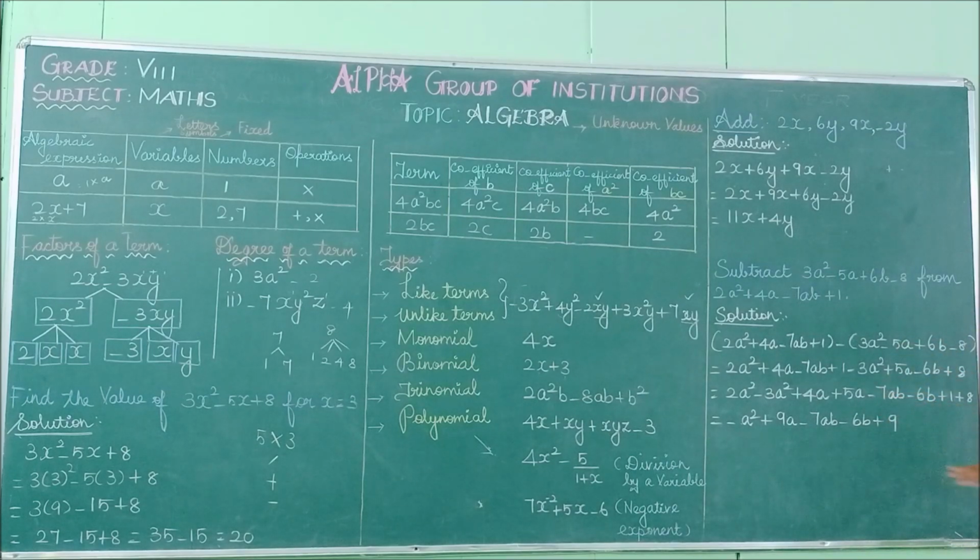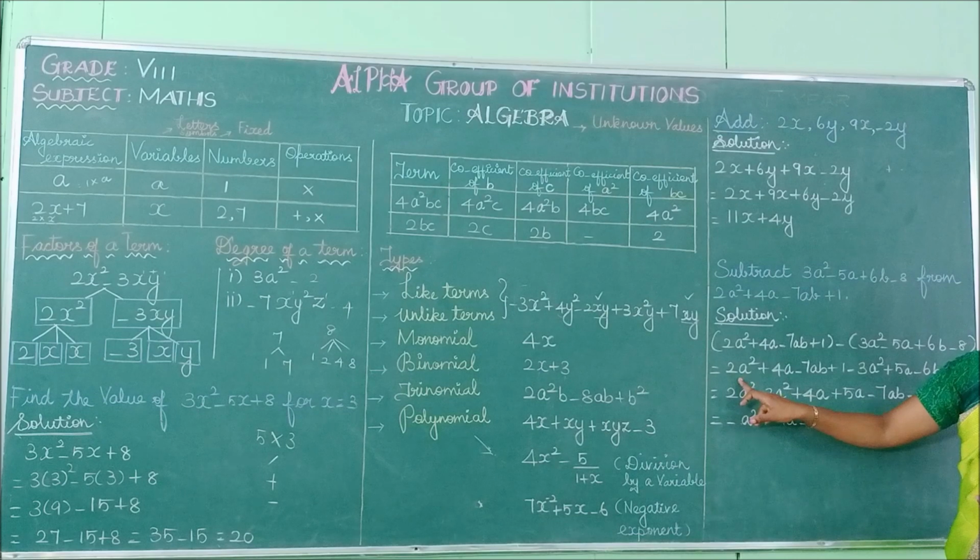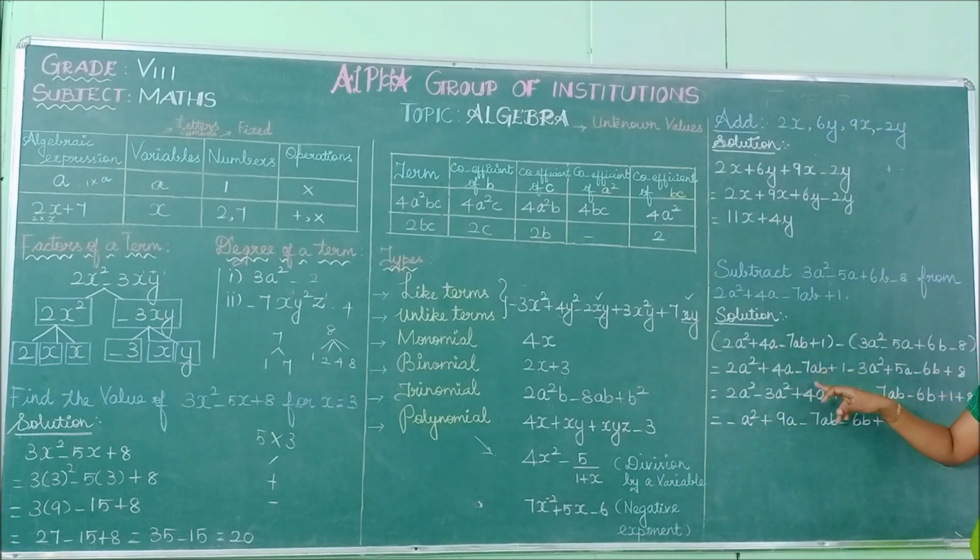Then only you can easily add or subtract the terms. So 2a squared plus 4a minus 7ab plus 1. Minus into plus is minus 3a squared, minus into minus is plus 5a, minus into plus is minus 6b, minus into minus is plus 8.